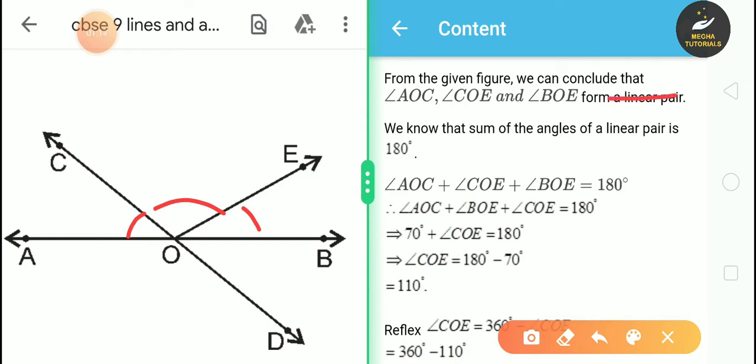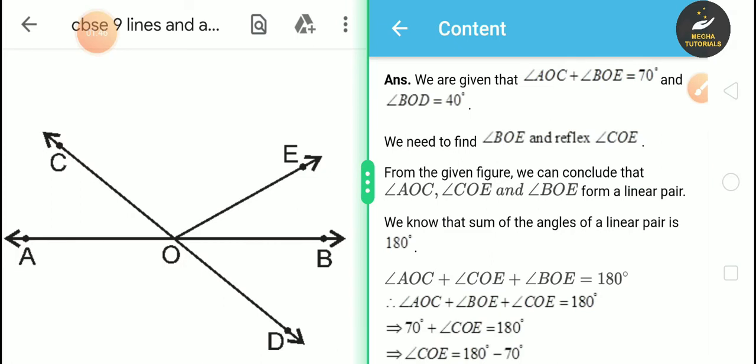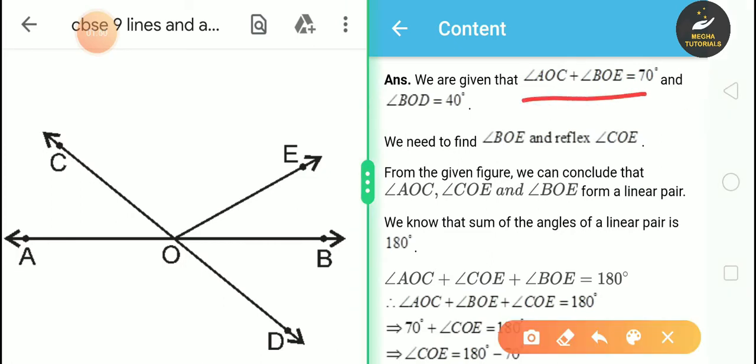Here it will be that they are forming a straight line, and therefore the sum of angles on a straight line is always 180 degrees. Therefore we can write angle AOC plus angle COE plus angle BOE is equal to 180 degrees. Then it is given that angle AOC plus angle BOE is equal to 70 degrees.